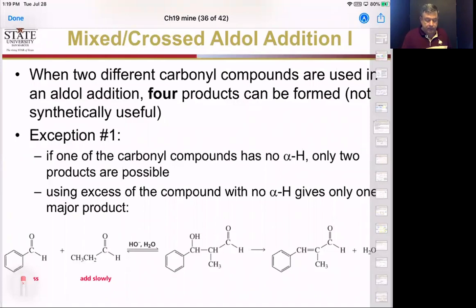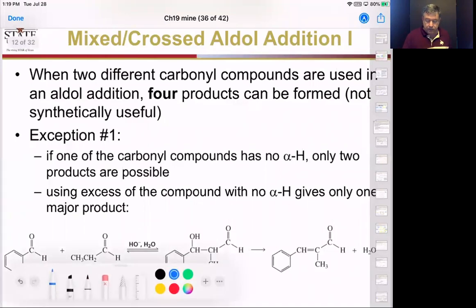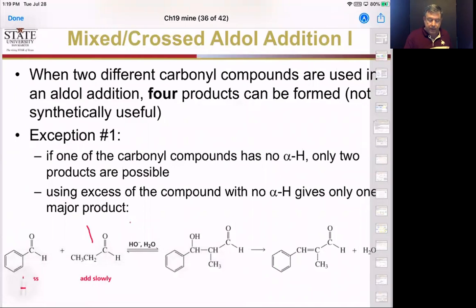So in the case of our substrate here, let's go to the red ink. This one has alpha hydrogens, so you're going to form your enolate from here. This one has no alpha hydrogens, so that enolate must attack here. So a key feature in this aldol condensation is that the compound that formed the enolate keeps its carbonyl compound. So this one formed that.